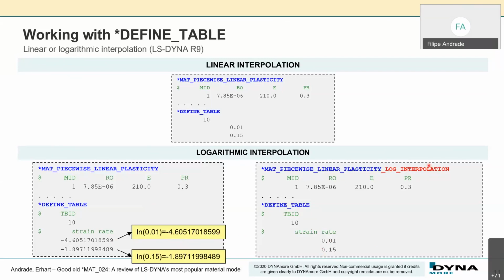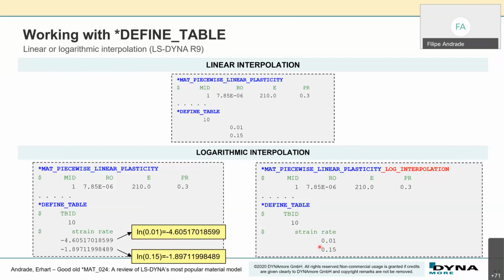Over the last years, customers who are making new material cards are definitely preferring this way, if they want the logarithmic interpolation, of course, because it's more readable. You can just look at the material card and you know what strain rates you have in your table.